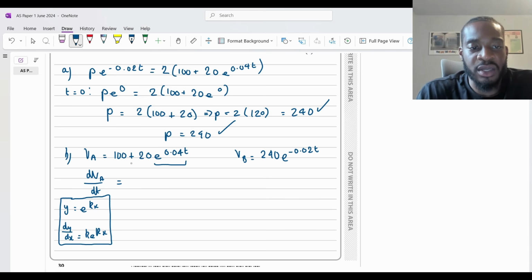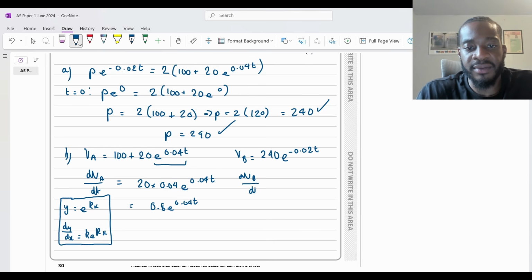So yeah, the 100 will disappear. This would become 20 times 0.04 e to the 0.04t. And then 20 times 0.04 is 0.8, isn't it? That's going to be 0.8e to the 0.04t. This one is going to be the dVB/dt.